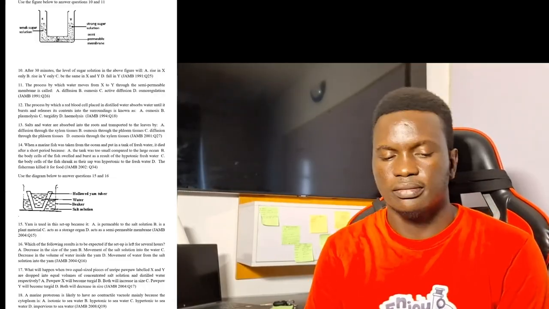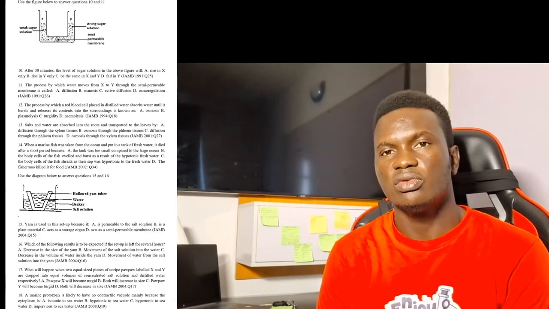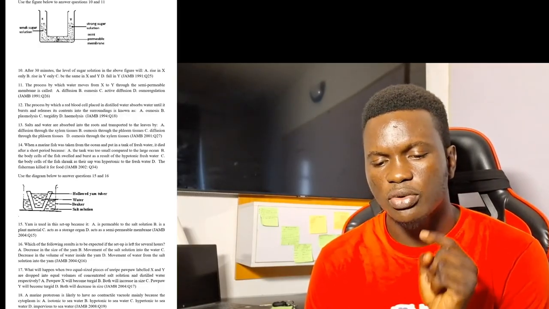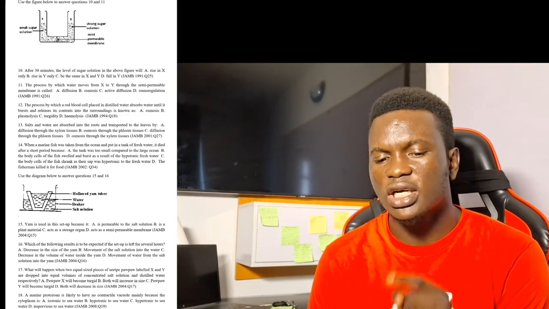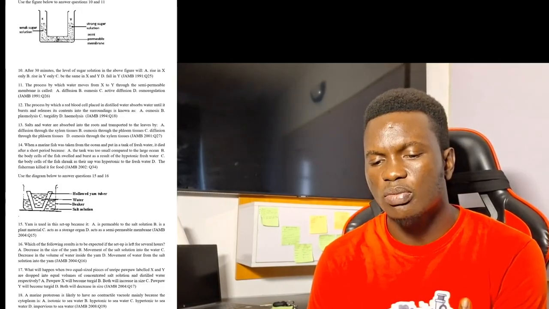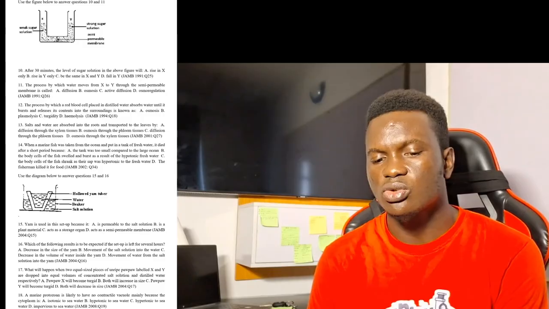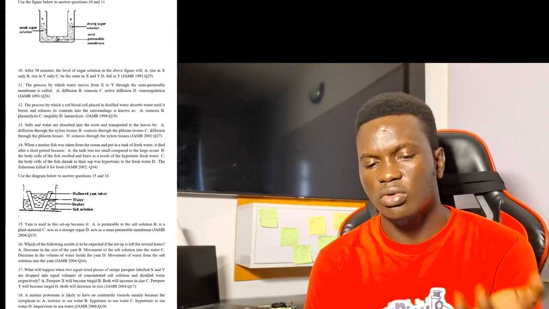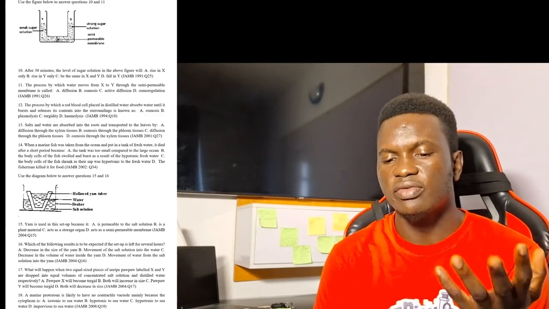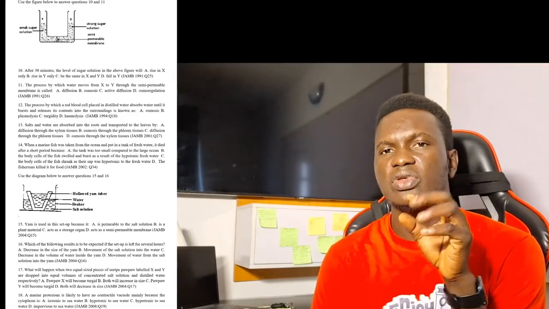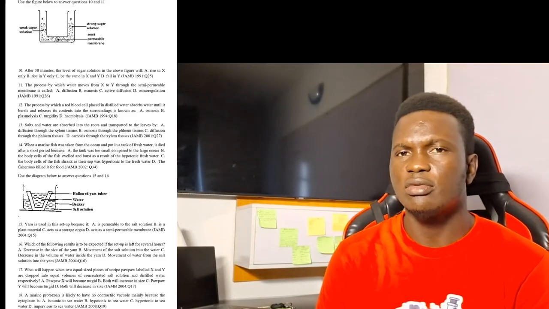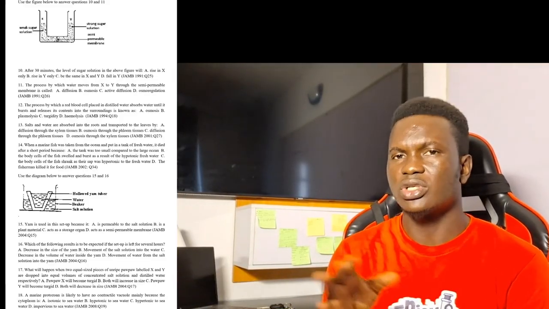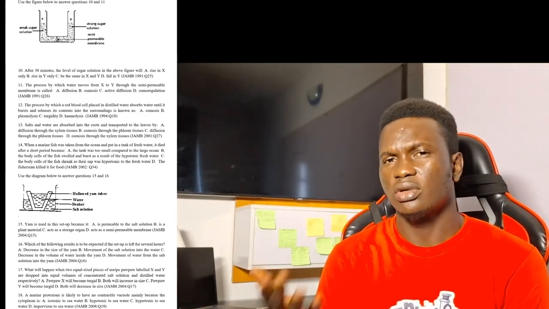I hope you're following. Let's solve two more, then I'll give you more questions to solve. A marine protozoan is likely to have no contractile vacuole mainly because the cytoplasm is A, isotonic to the water, B, hypotonic to the water, C, hypertonic to the seawater, D, impervious to seawater. Now, do you know the function of the contractile vacuole?